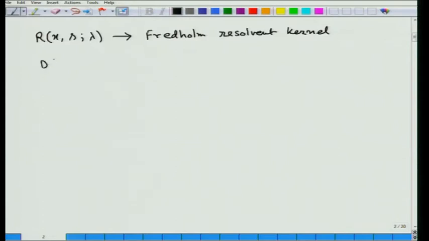This D(x, s; lambda) is known as the Fredholm minor, and Delta(lambda) is called the Fredholm determinant.